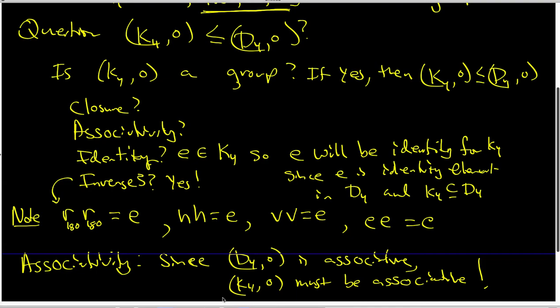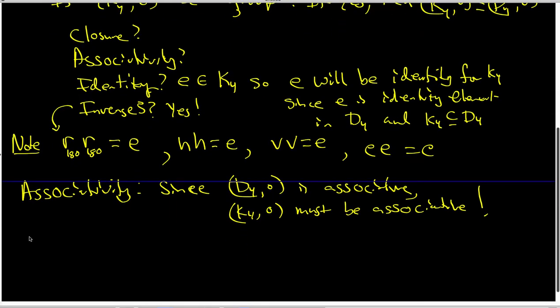If the associativity was messed up in K4, then it would be messed up in D4. It's that simple.